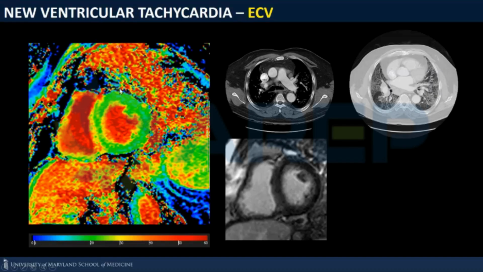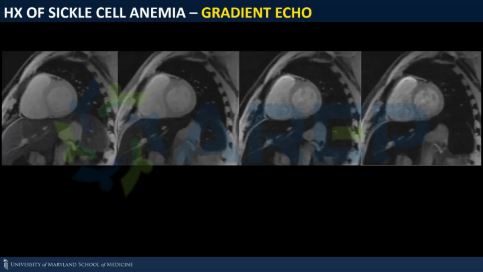Using these parametric techniques, we can see that there isn't a significant area of focal late enhancement, but clearly when we look at these parametric techniques, these are all elevated, suggesting that there is this increased amount of, again, extracellular volume, suggesting that this person has underlying cardiac sarcoidosis, as we have in this particular case. So again, we use MR to evaluate multiple different parameters to help us put together with the clinical picture what the underlying problem is.